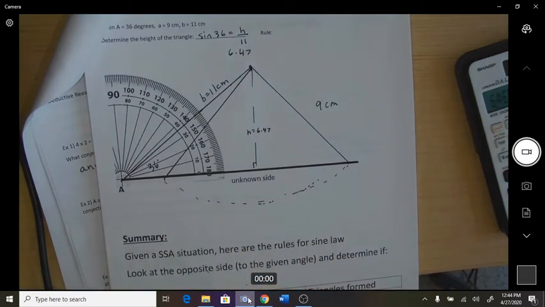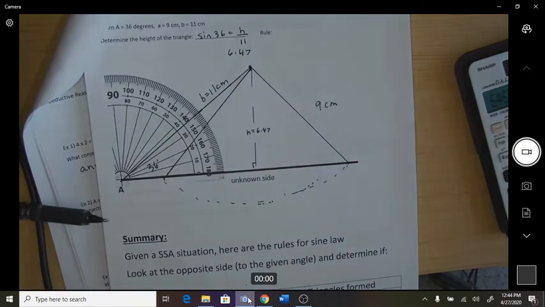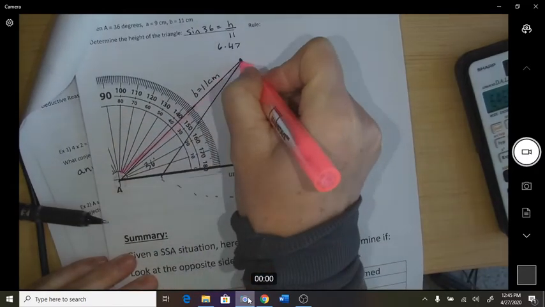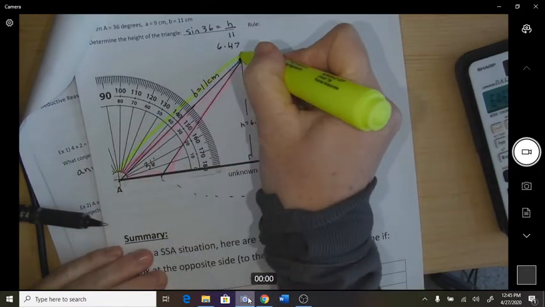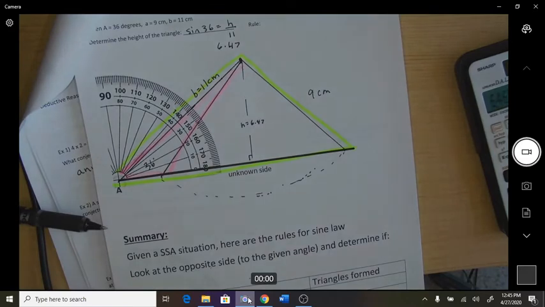So I could have two different triangles. The 11, 9. So here's one triangle: 11, 9, and the third side. And the other triangle would be over here, 11, 9, and the third side. So there's my two triangles that could have formed.